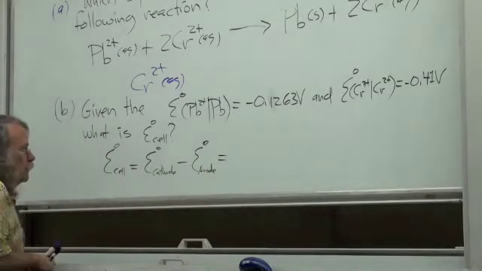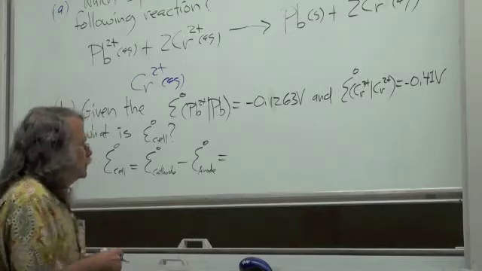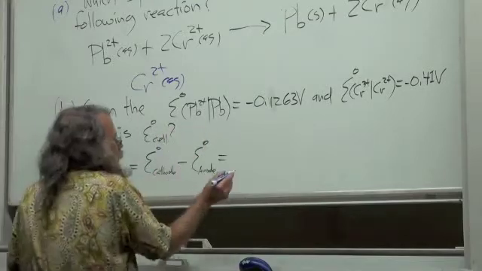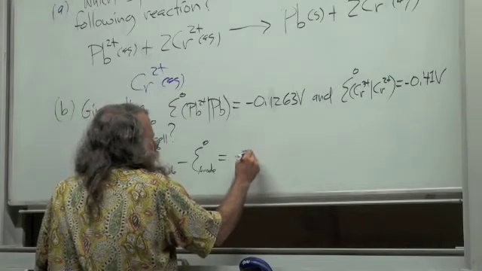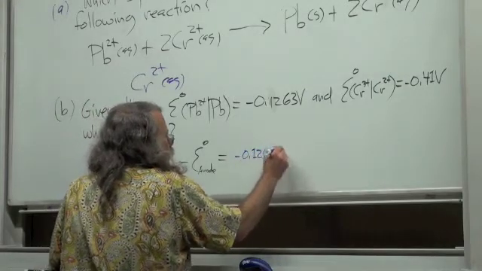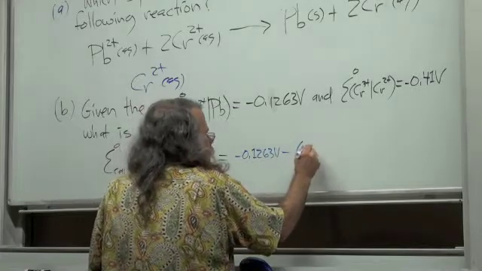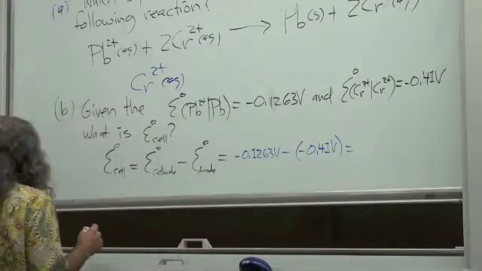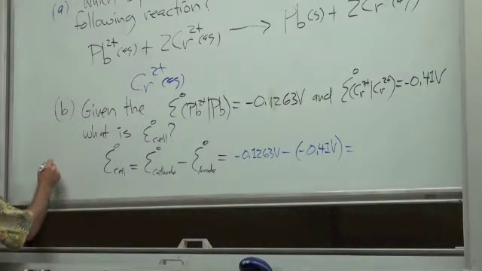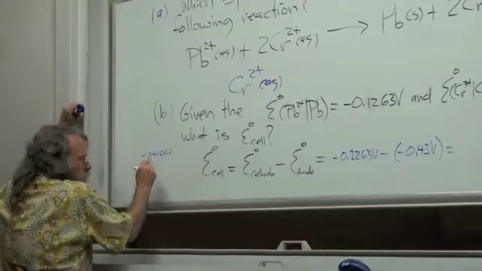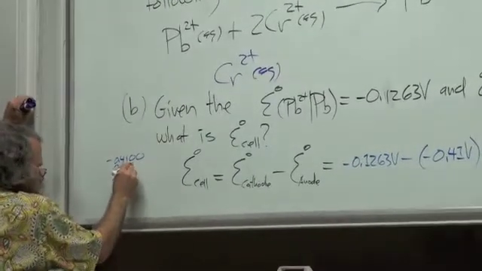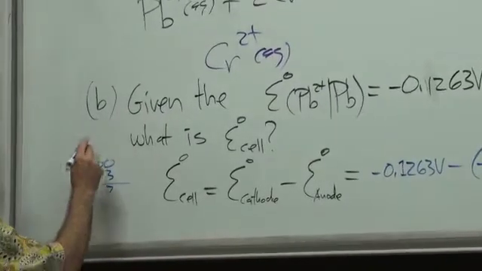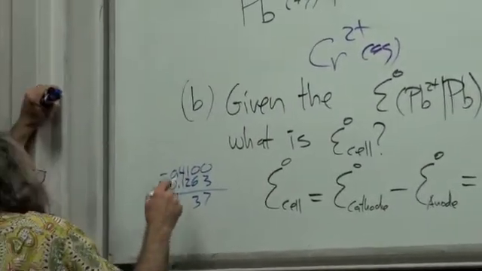So let's get that written down. Which one's the cathode again? Minus 0.1263 volts minus a minus 0.41 volts equals, so now I go over on my scratch paper and subtract that.